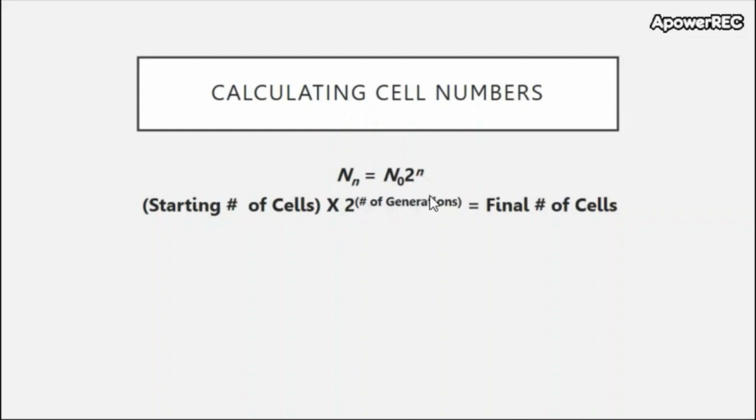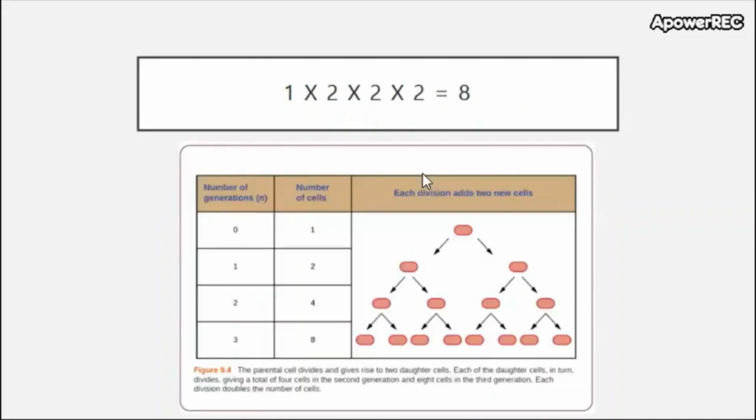In the previous slide, this would have been 1 times 2 to the third power. Back here, there are 3 generations: 1 generation, 2 generations, 3 generations. You don't count the first one. There's no multiplying here yet. It's only this part that gets multiplied.